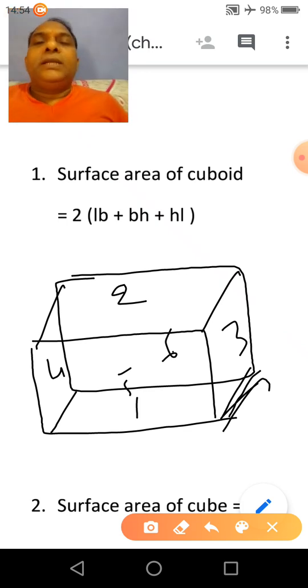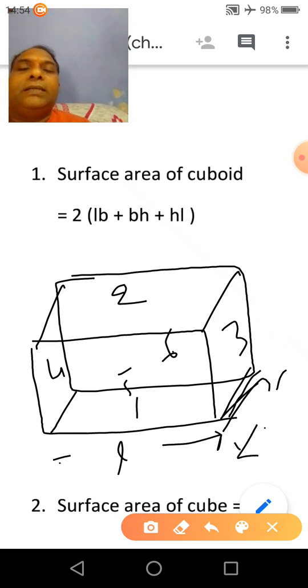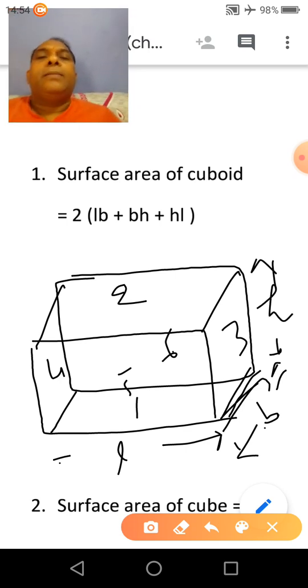So in cuboid there are 6 faces. L is the length, B is the breadth, and H is the height of cuboid. Clear? So surface area of cuboid means sum of areas of all faces.